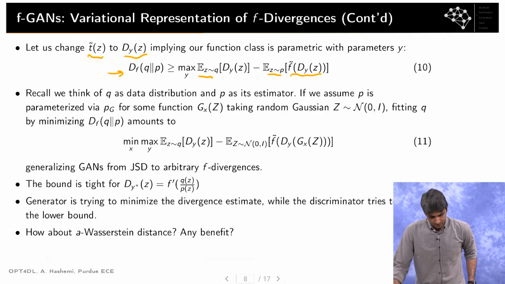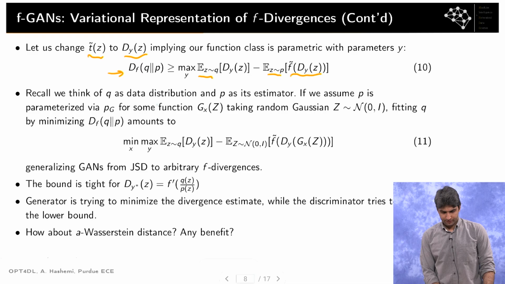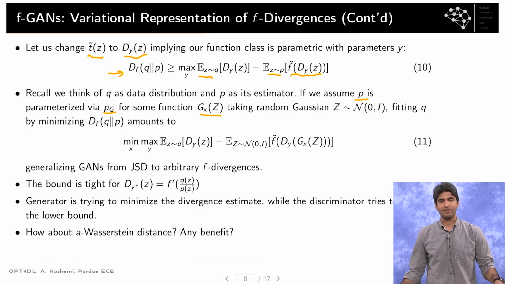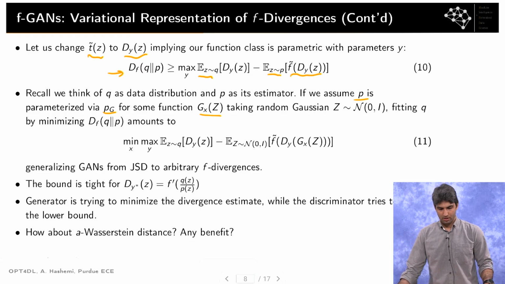Okay. All right. So now, what's the connection to GANs? Well, think of Q as your data distribution, and assume that P, the estimator of Q, is parameterized by PG for some function G(z). So this is exactly the generator that takes, let's say, some random Gaussian and transforms that to samples coming from PG.